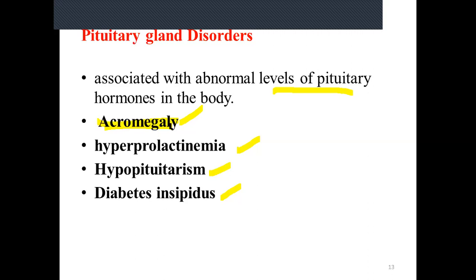Okay. So have you encountered any patient who has excessive growth, like a very, very tall person? Yes. Okay. So do you think it is related to excessive growth hormone production in the body system?